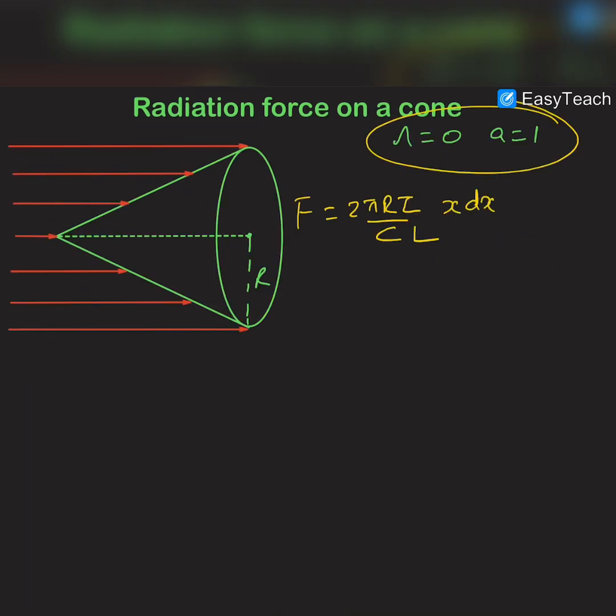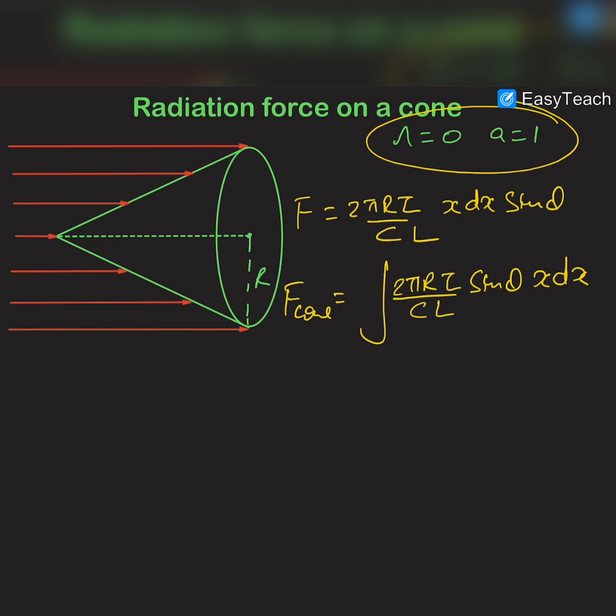We know that these photons are absorbed on the cone, traveling like that. So this will be the force acting on that strip, and the total force acting on the cone, F cone, will be the integration of 2 pi r I by c L sin theta x dx.